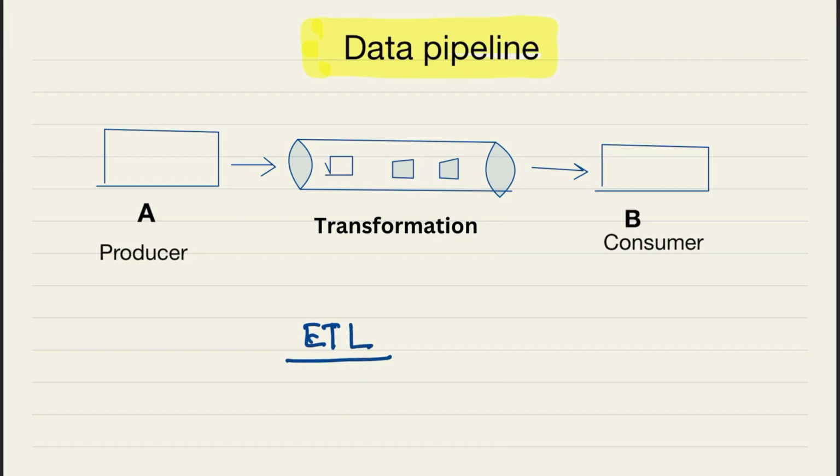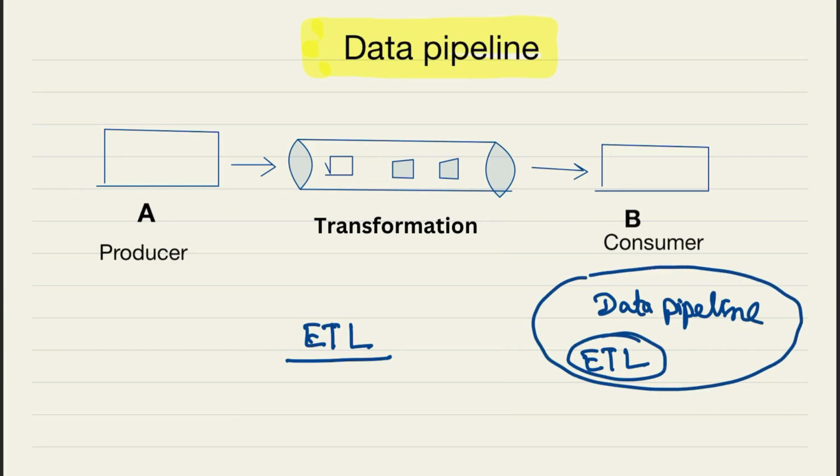So what is the difference between an ETL process and a data pipeline? Basically, ETL is a subset of the data pipeline, or you can say the data pipeline is the superset of the ETL process.